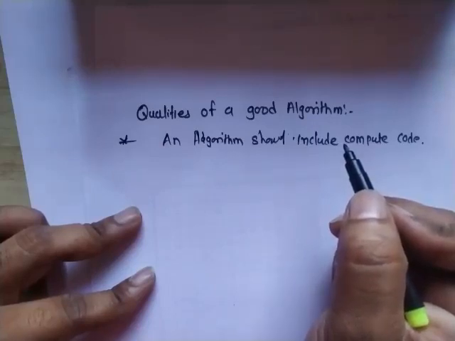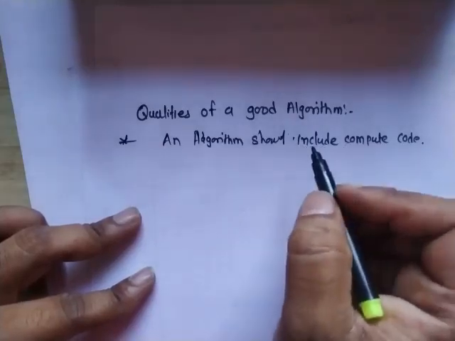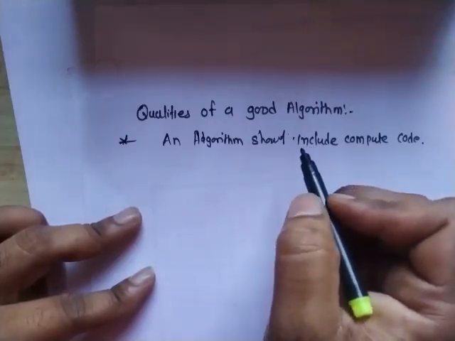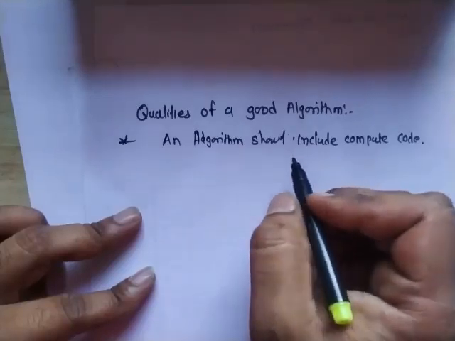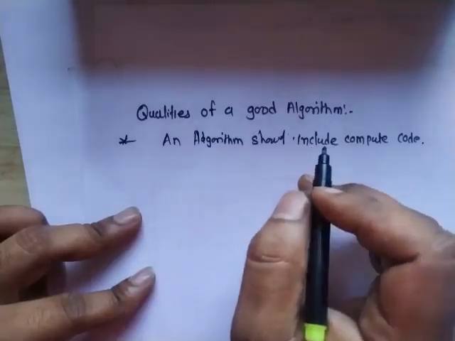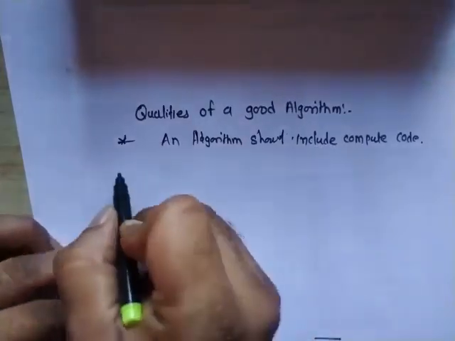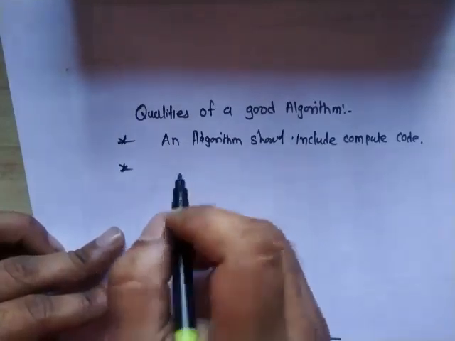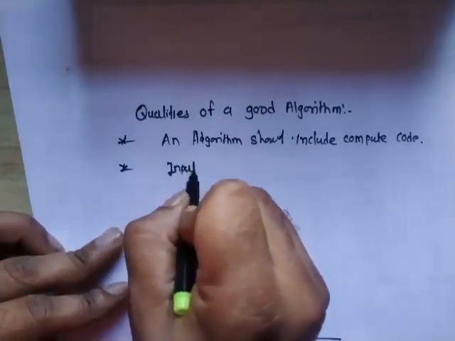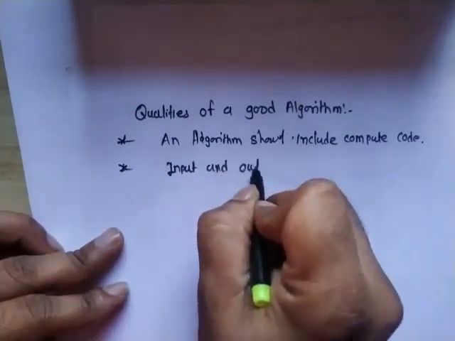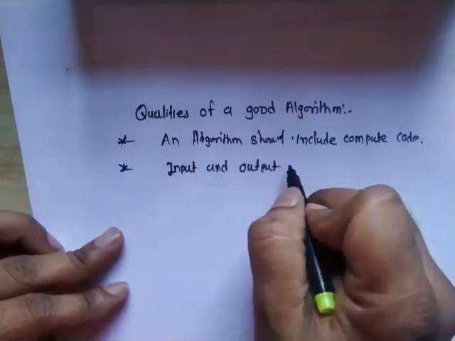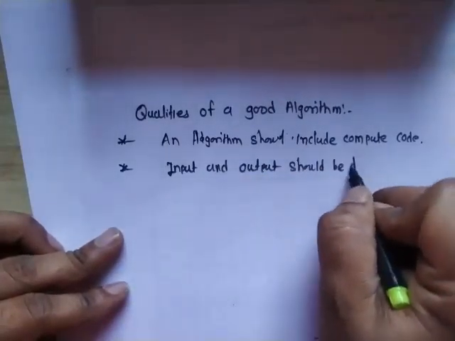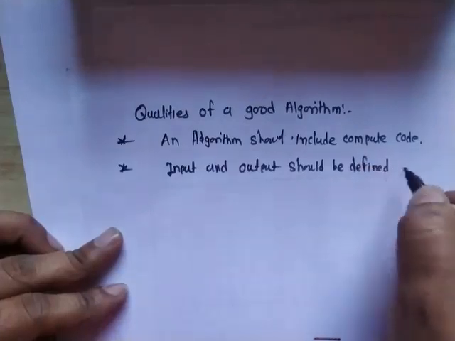Instead, the algorithm should be written in such a way that it can be used in a different programming language. Now the second thing, input and output should be defined precisely.